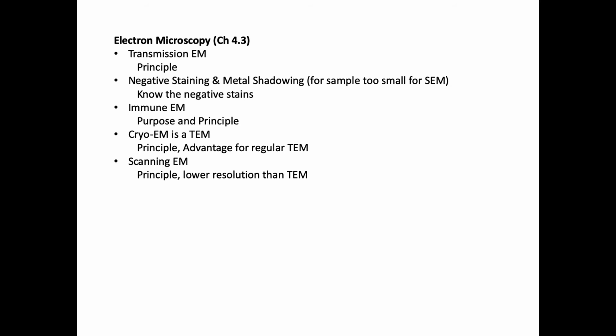So that's the reason you can use that strong beam of electrons. Again, remember the main principle and the advantage over regular EM: with cryo-EM you do not have to do any kind of staining or fixation.